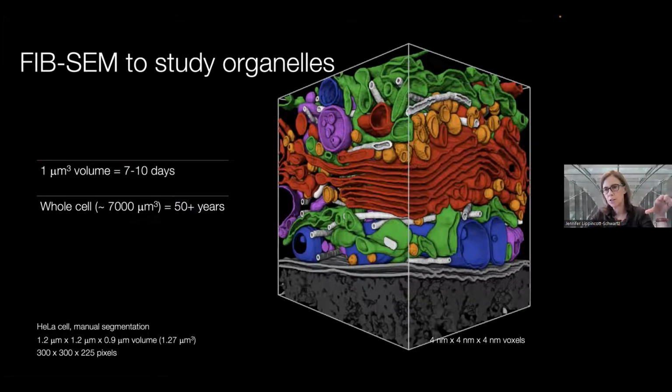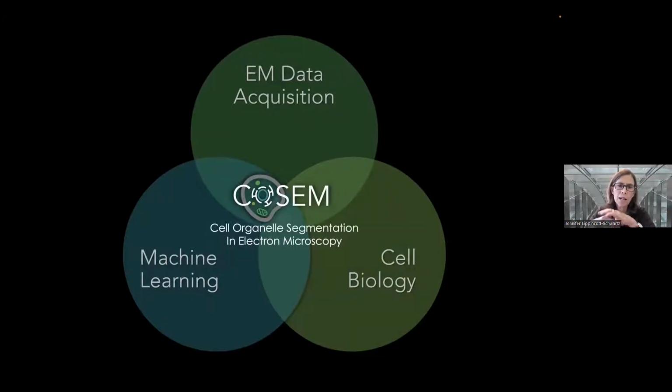That's definitely not something that is doable, and it has led us, as well as many others in the field, to realize we need to, in some way, speed this up. And the way to speed it up is using computational approaches.